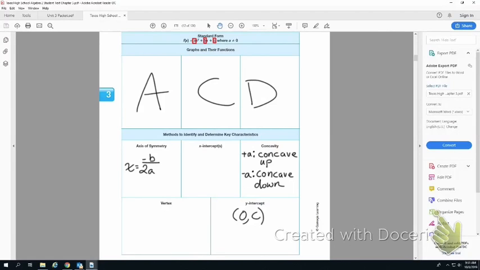So to find your vertex, you would plug, and I'm just going to put axis of symmetry, AOS, because that's what you're putting in there for. Plug axis of symmetry in for x, and then solve for y.